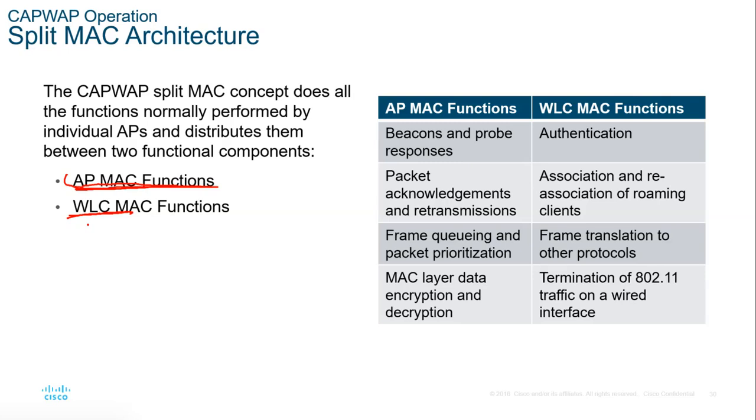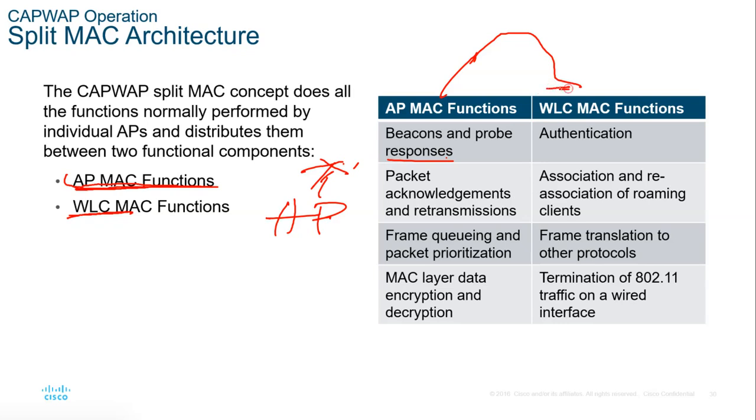Every time an access point sends something, the controller on the other side is the one to handle that. So we have a table here that differentiates the two. The AP MAC function handles beacons and probe responses. Now it's the AP that keeps on advertising its information.